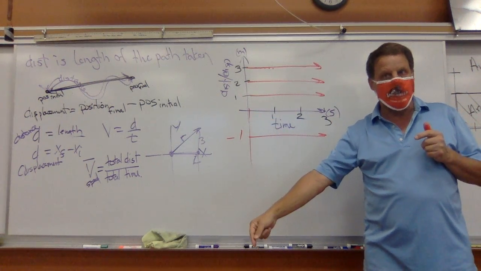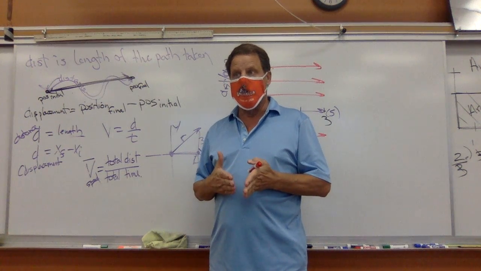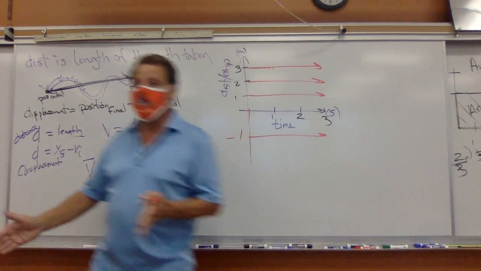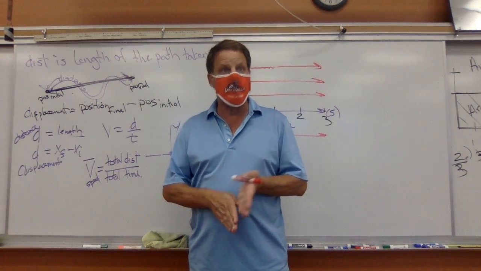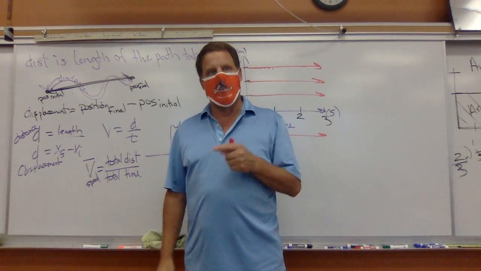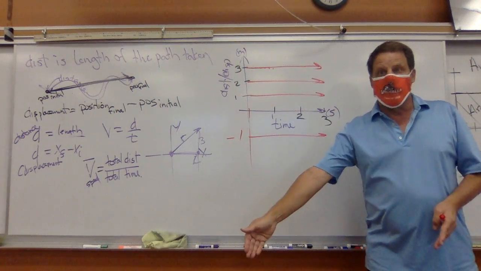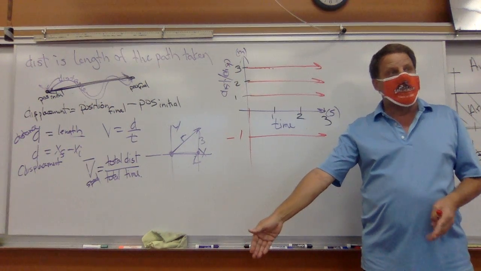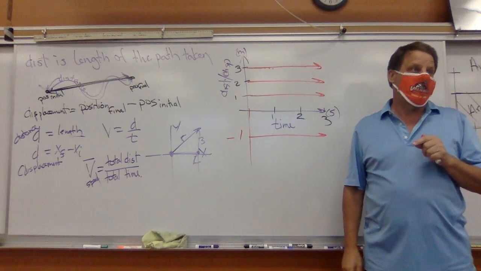Now, when we're talking about velocity, or displacement, my displacement is my final position, which is -1 minus 0, which would be -1. So my displacement would have gone negative. And in the last case here, my final position is 1, my initial position was 0, and therefore I'm going to say 1 minus 0, and therefore my displacement would have been +1.